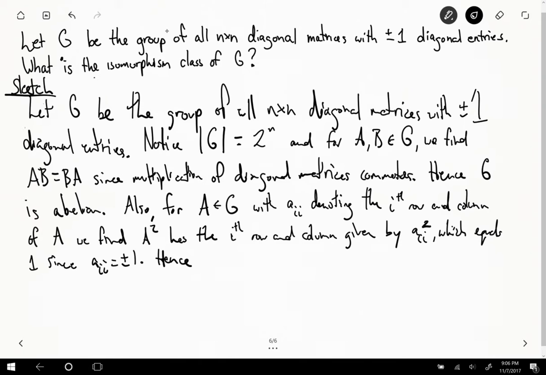So down the diagonal, and notice we didn't have to worry about the others because they're all 0, hence A squared equals the identity matrix.